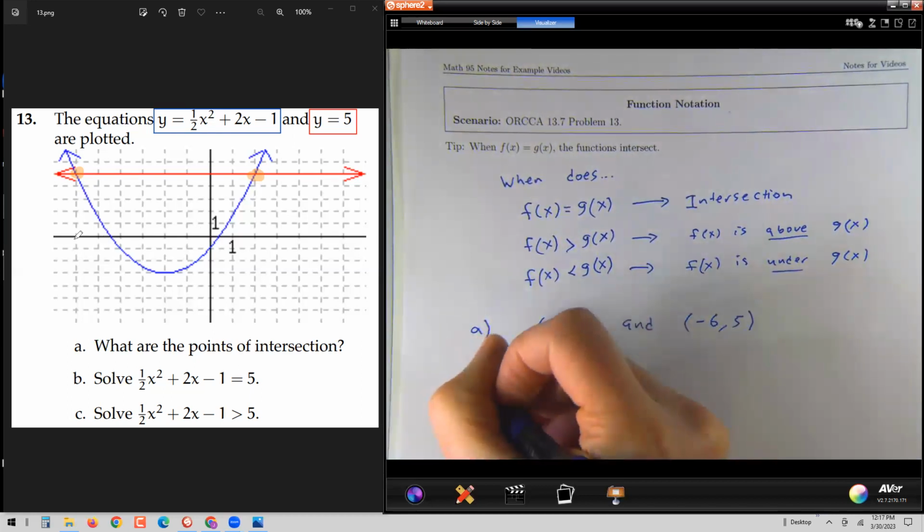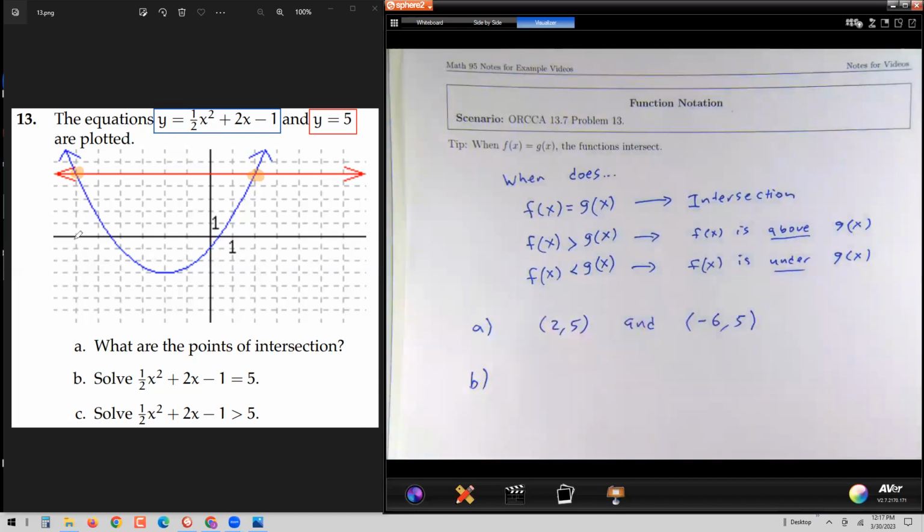Part B. This is asking, when does the graph of f of x equals 1/2 x squared plus 2x minus 1, that's the graph in blue, meet y equals 5? That's the graph of the red. And if you're looking at the equal sign, this is really asking you, what are the x values for where these things cross?